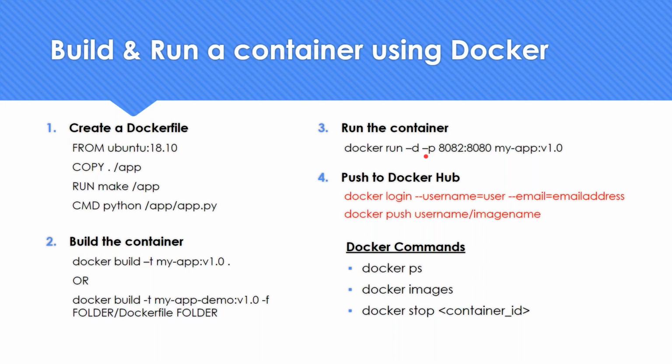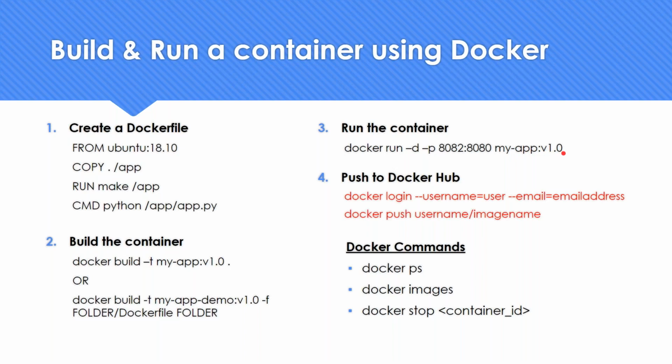The first port is your host, your Cloud Shell. In Cloud Shell, what port you want to listen on, and the second port is the port of your container which is exposed, followed by your container image with the complete tag information.